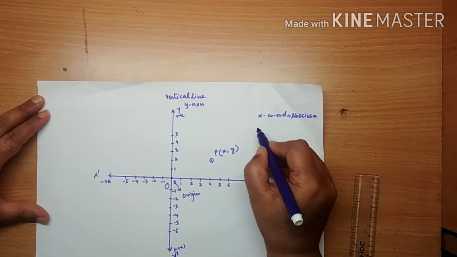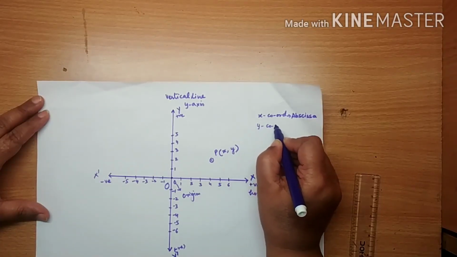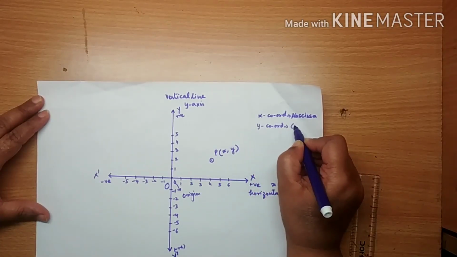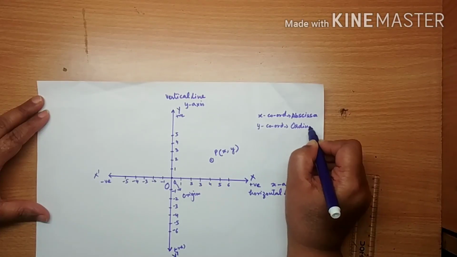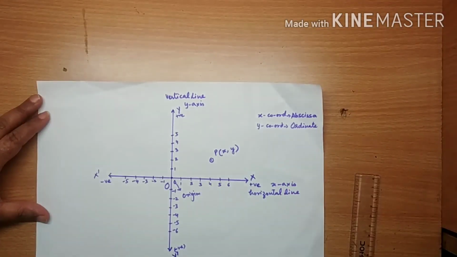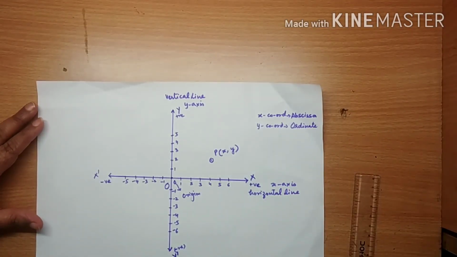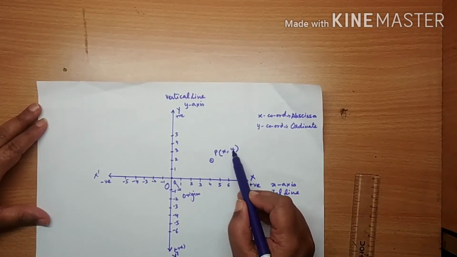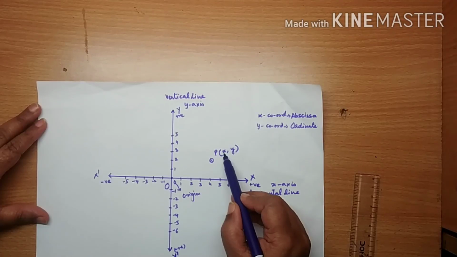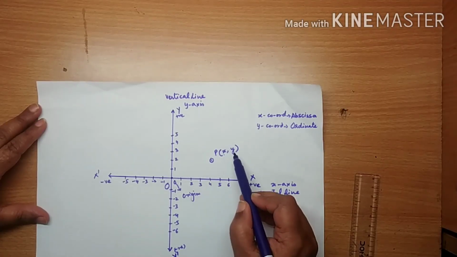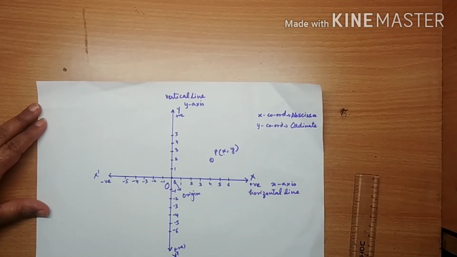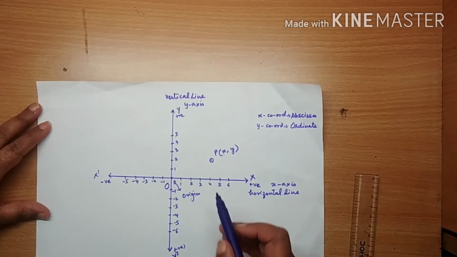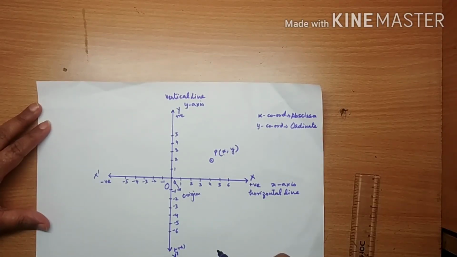A-B-S-C-I-S-S-A. Abscissa. Y coordinate is also named as ordinate. O-R-D-I-N-A-T-E. Ordinate. Position of any point in a plane is always written in parenthesis in an ordered pair, where the first letter denotes the x coordinate and the second letter denotes the y coordinate.